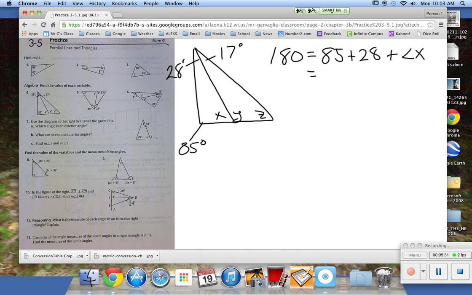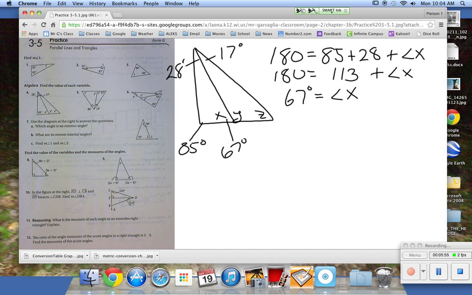We find out this is 113 plus angle X. We subtract that out. We come up with 67 degrees. Okay? 67. Now watch what I do here. And I want you to do this on your assignment. I'm going to draw an arrow down here, and I'm going to put 67 degrees.